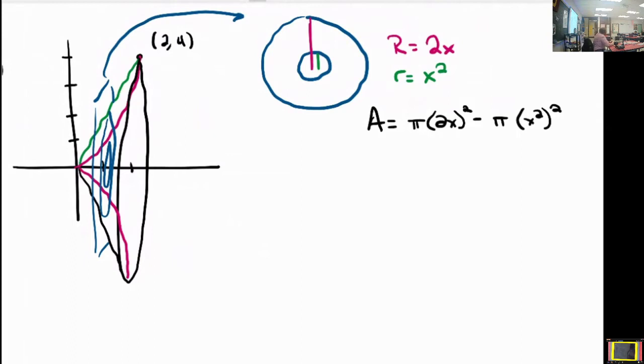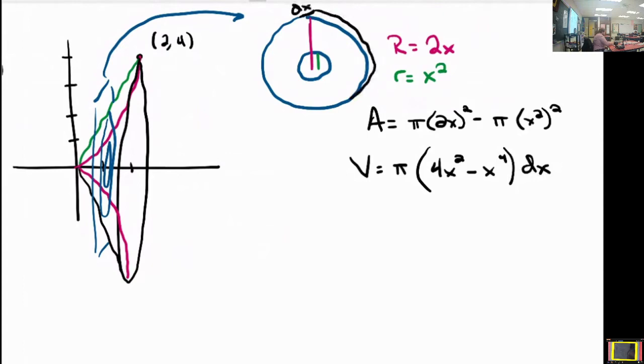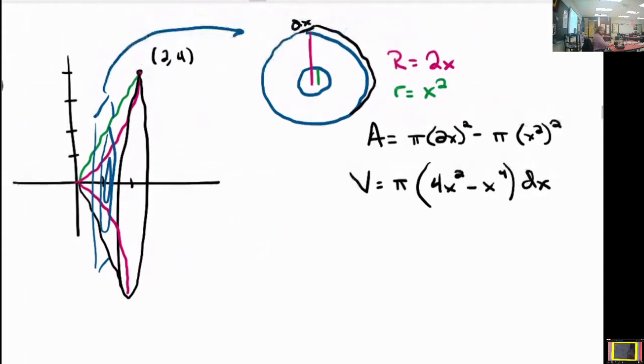If you want to turn this into a volume, which we kind of do, because these washers are actually three-dimensional and have a tiny little thickness to them, first of all, I'd factor the pi out. And you could, I suppose, expand those into 4x squared minus x to the 4th. But then we need to multiply the whole thing by dx, which is the thickness of this slice, because we are thinking about this as a little tiny bit of stuff right there.